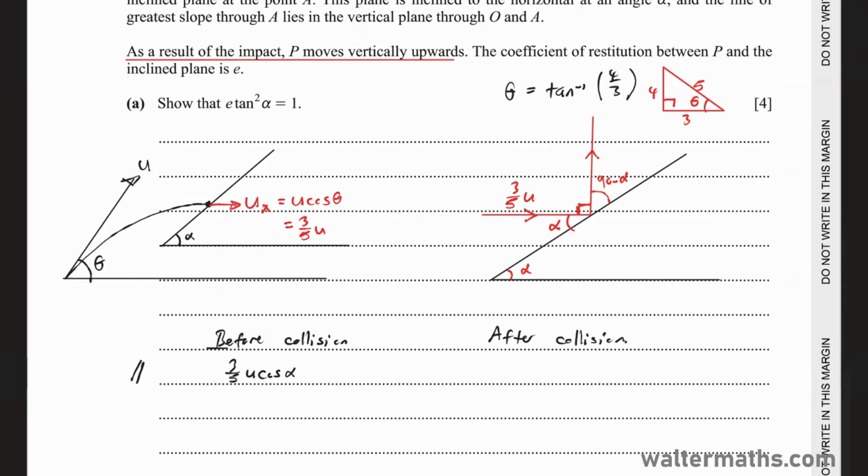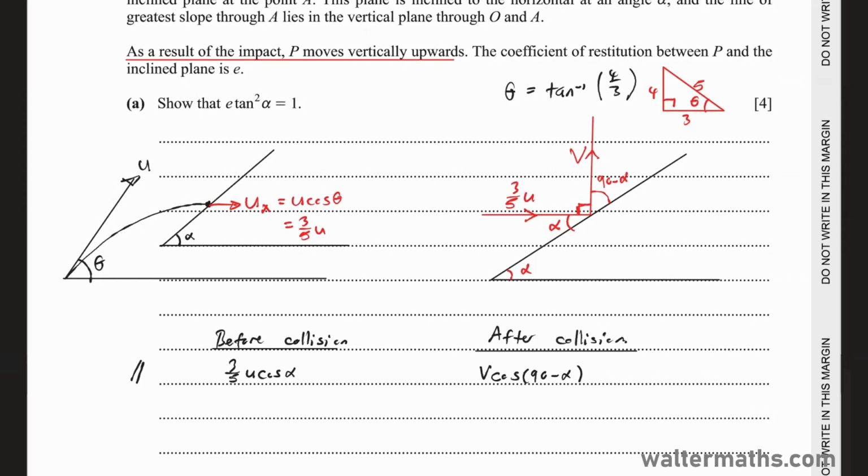After collision, let's say v is the speed with which it leaves the plane, so the parallel component is v cos of 90 minus alpha.